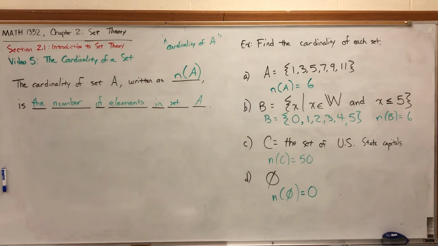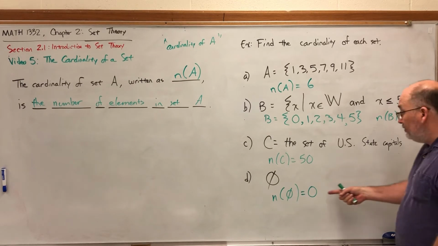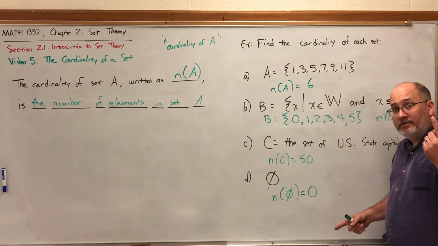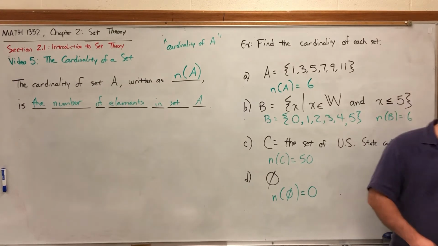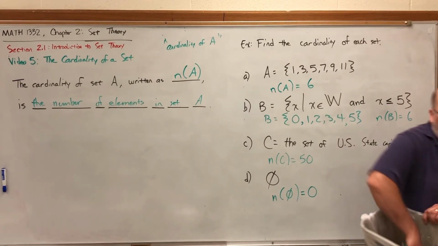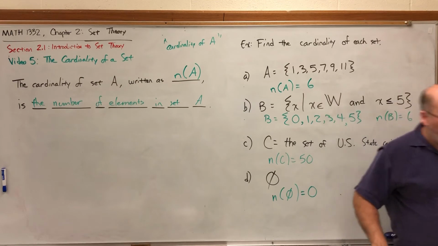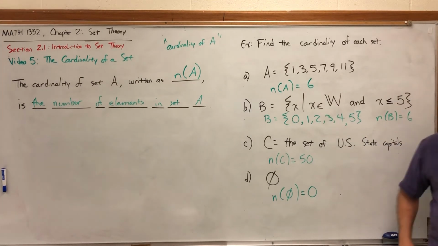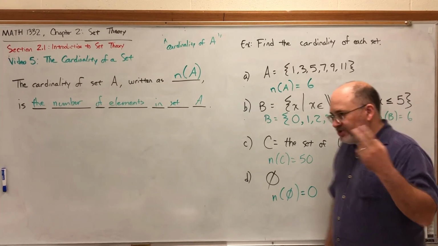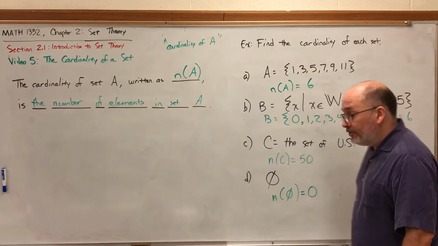It should be pretty evident that the cardinality of a set is probably a whole number. Because it can be 0, or it could be 1, like the last example in the previous video. Remember, the set containing the empty set had 1 element in it. The cardinality could be 2, for example, the set of siblings that I have, 2 brothers.